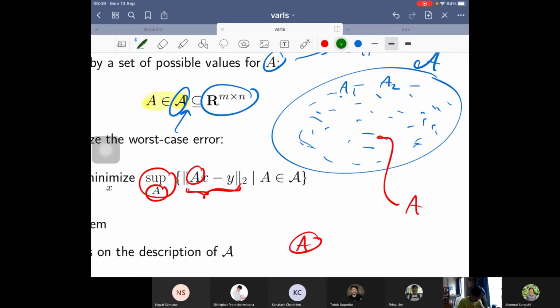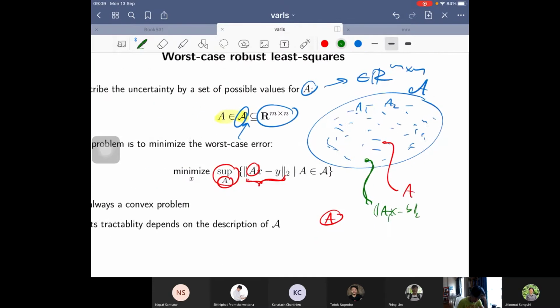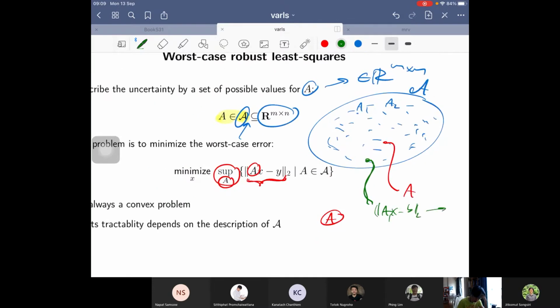It means that you pick one A, suppose I index it with A1, and you measure the two norm. You pick another A, suppose it's A2, and you measure the norm.